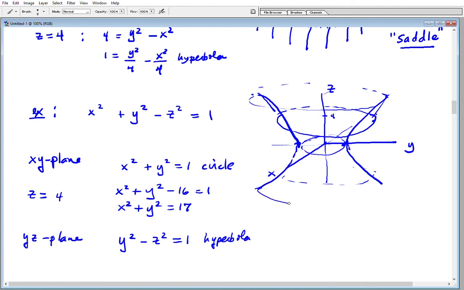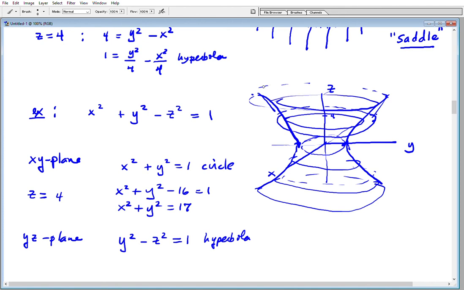And when you slice horizontally, you have these circles all along. So I think you can see what the shape is, right? That's what this one looks like. This one's called an elliptic hyperbola of one sheet.